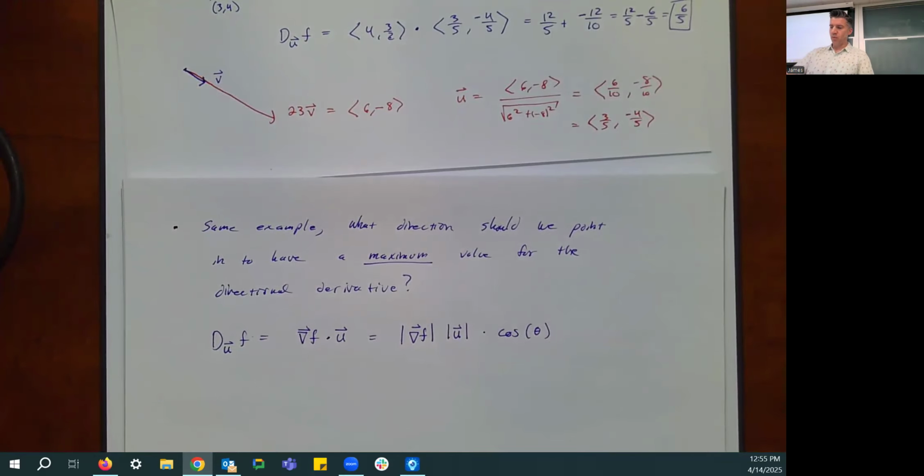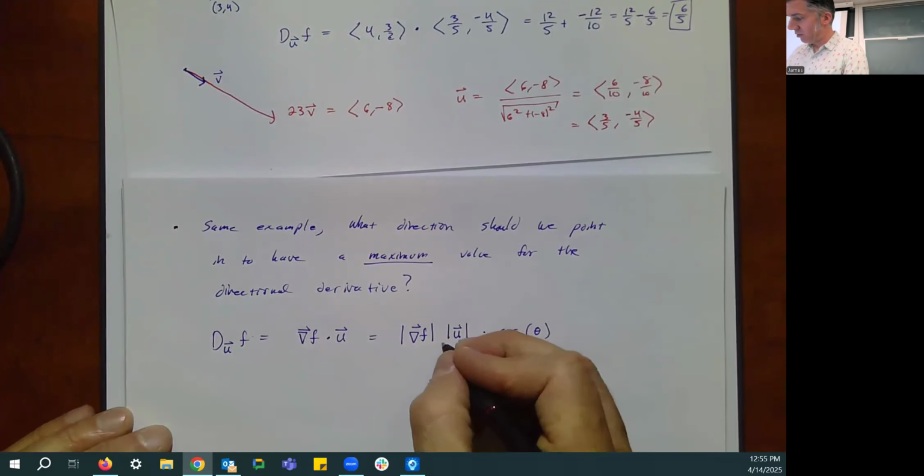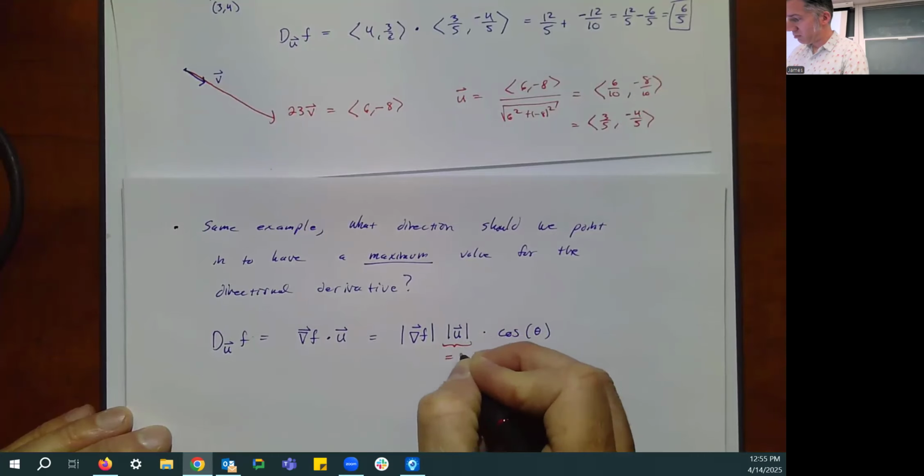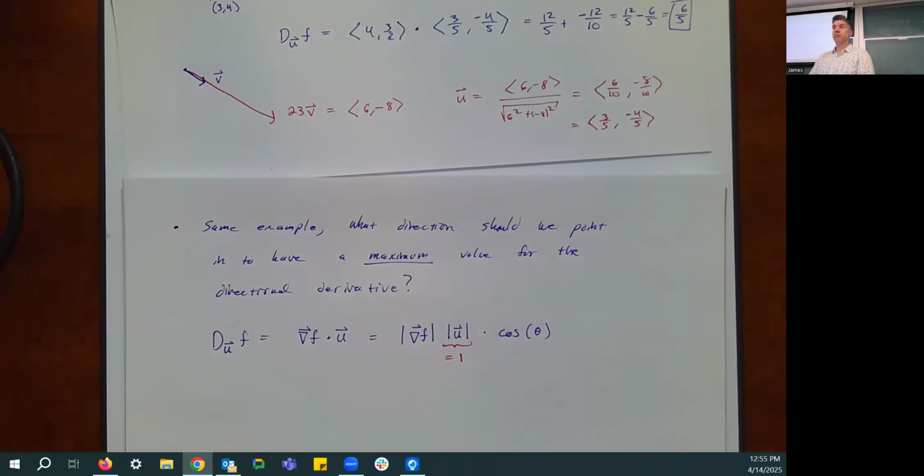But what's the magnitude of the unit vector u? It's 1. And cosine of theta, what's the biggest cosine theta can ever be? 1's the value we get by putting in, not pi, but I think 0 actually, right?